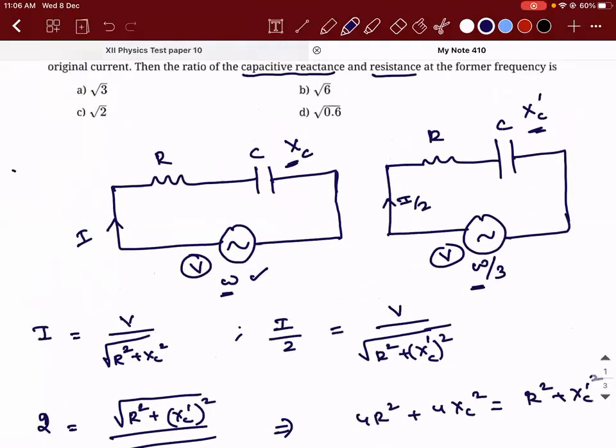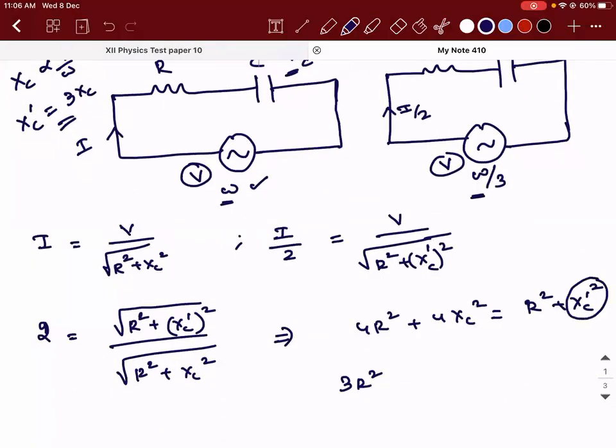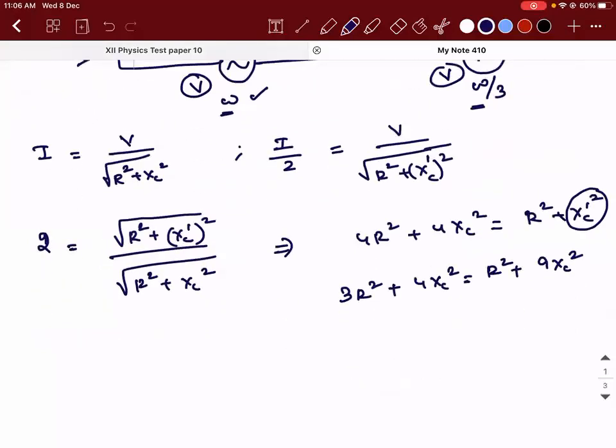Because XC is inversely proportional to omega. So XC dash will be equal to 3 times XC. Correct? So this will become 9 times XC square. So 3R square plus 4XC square is equal to R square plus 9XC square.